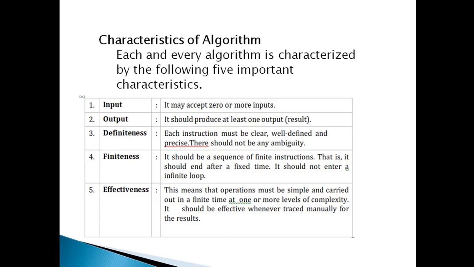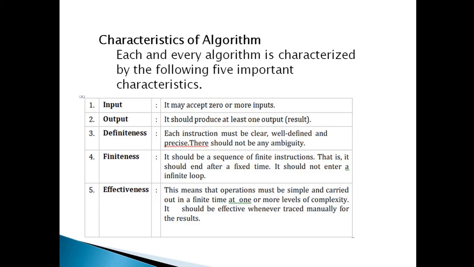And the fifth one is effectiveness. This means operations must be simple and carried out in a finite time, at one or more levels of complexity.